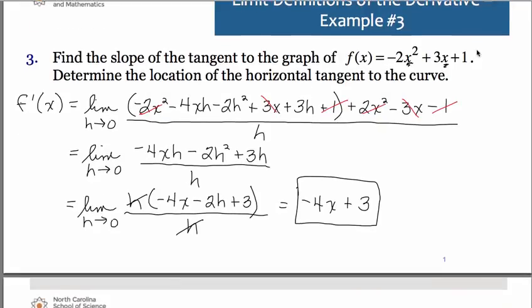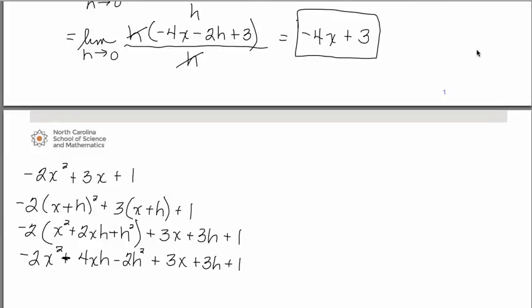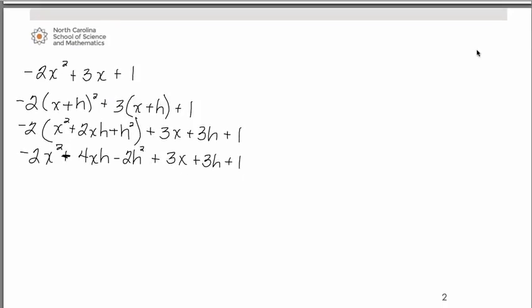So all we need to do is set negative 4x plus 3 equal to 0. And x ends up as 3/4 in the end. So it's at the x value of 3/4 that we will have a horizontal tangent to the curve.